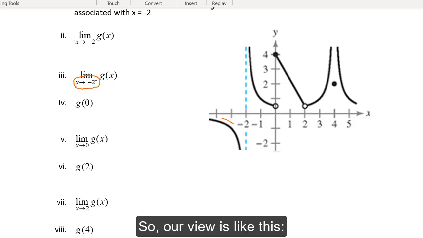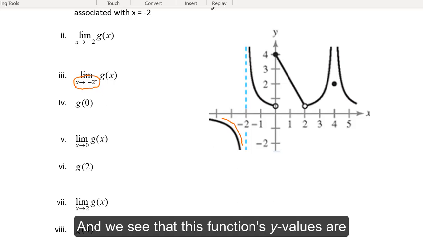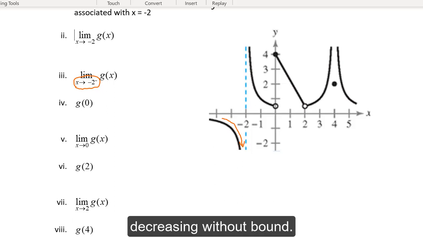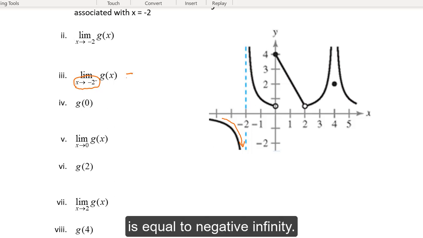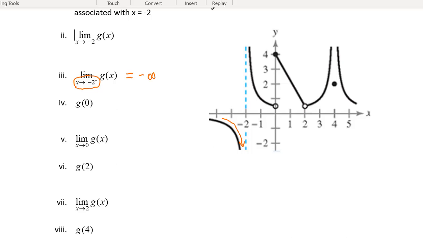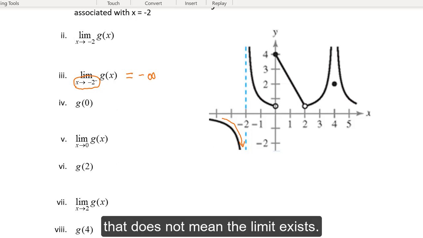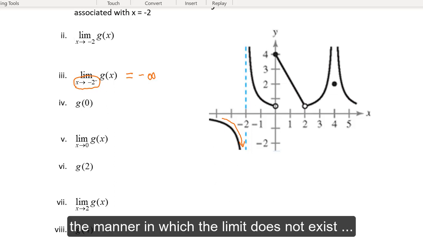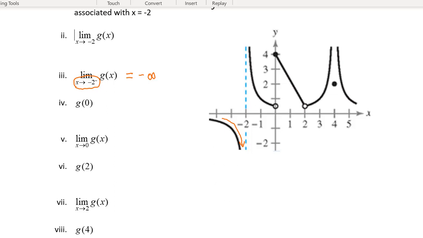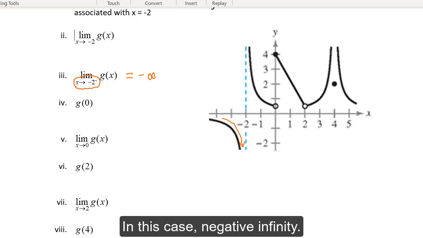So our view is like this, and we see that this function's y values are decreasing without bound. So we say that this one-sided limit is equal to negative infinity. Now if there is an infinite limit, that does not mean the limit exists, but that infinite limit tells you the manner in which the limit does not exist. By being infinite in this case, negative infinity.